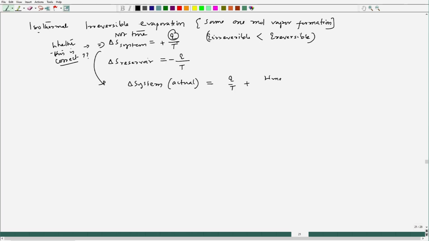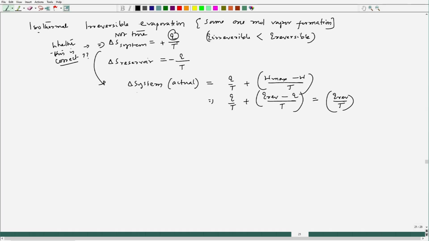W max minus W by T, or I can say Q by T plus Q reversible minus Q by T. Okay. So, I could see that the system has an extra entropy that is created, but now let us see what would happen if I do the simplification. So, I would see that finally it turns out to be this.